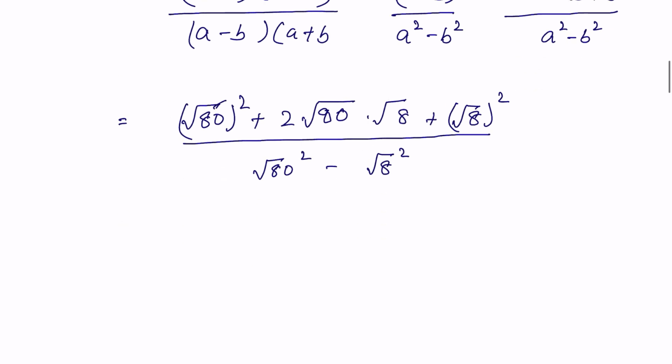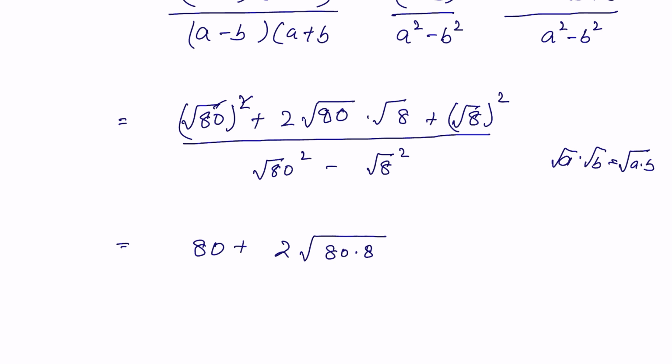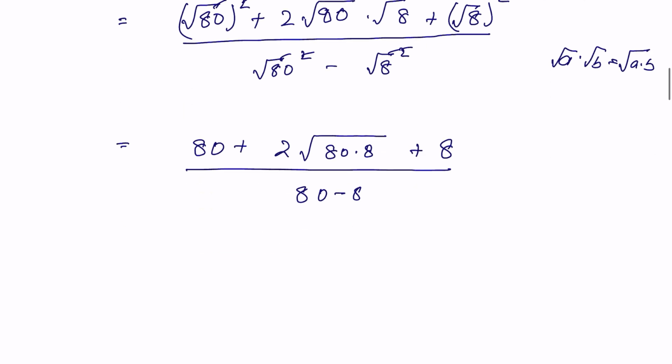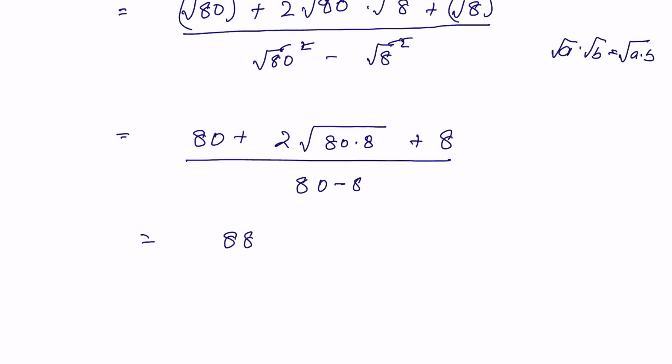Now we remove the square root with the square, so it is 80 plus 2 times, when square root of 8 times square root of 80, we can write it as 80 times 8 under square root, plus 8, upon 80 minus 8. Remove the square root with the square. 80 plus 8 is 88 plus 2 times, 80 we can write as 8 times 10, then times 8, upon 80 minus 8 is 72.